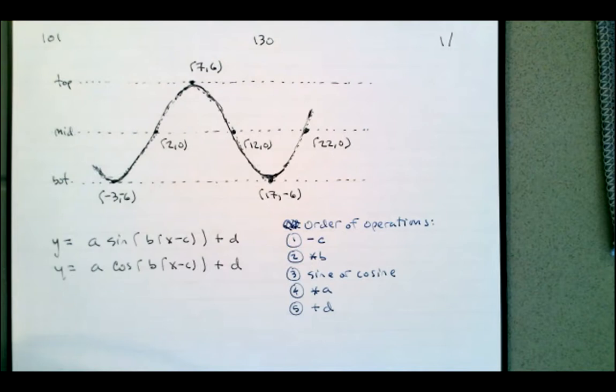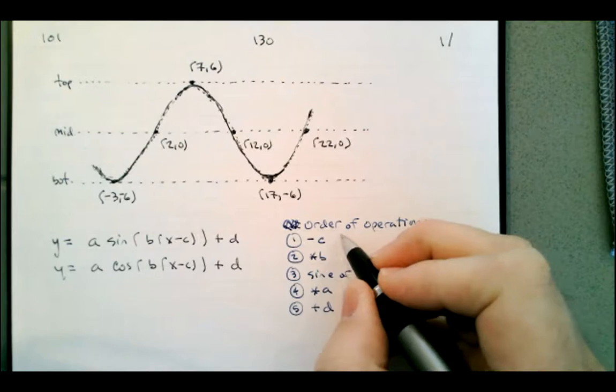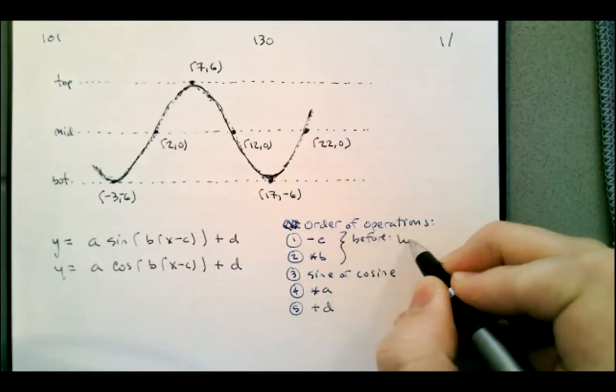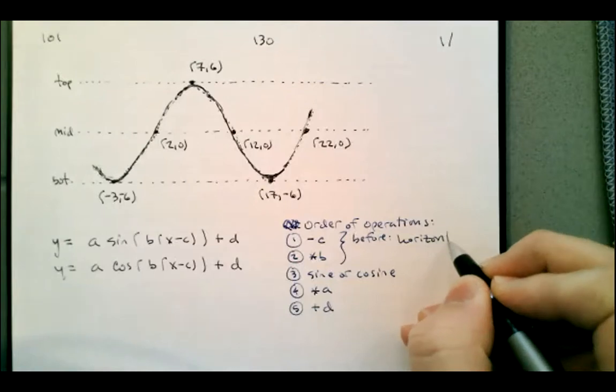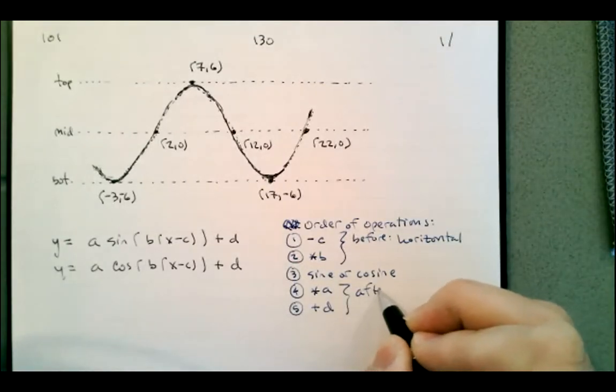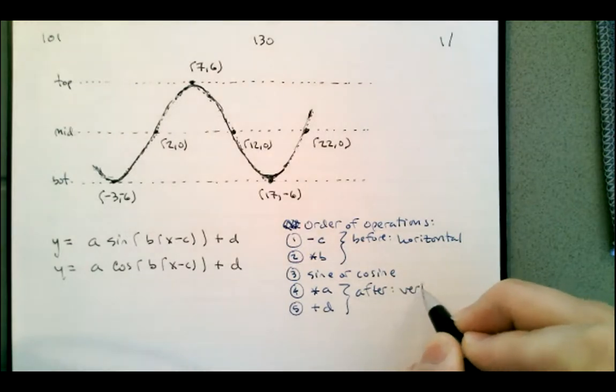So notice that we have a multiplication and addition before the trig function and after the trig function. The operations before are going to produce horizontal changes, and the operations after will be vertical changes.